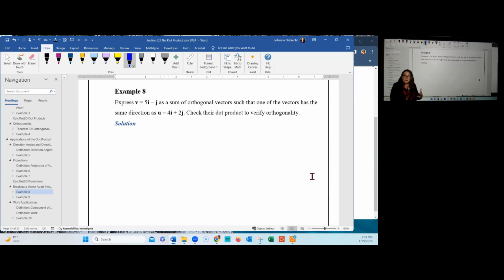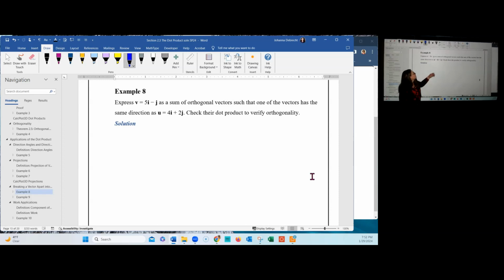So orthogonal as perpendicular, such that one of the vectors has the same direction as this vector right here. So if one of the vectors has the same direction as U, then it must be the projection of V onto U. And then we'll check their dot product to make sure that they are, in fact, orthogonal or perpendicular.